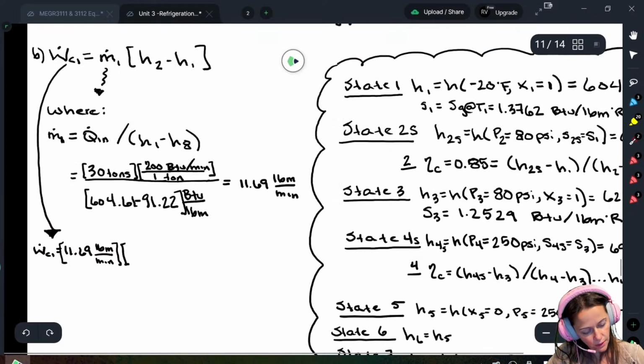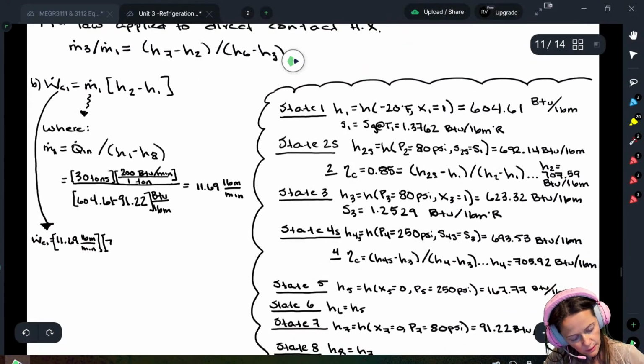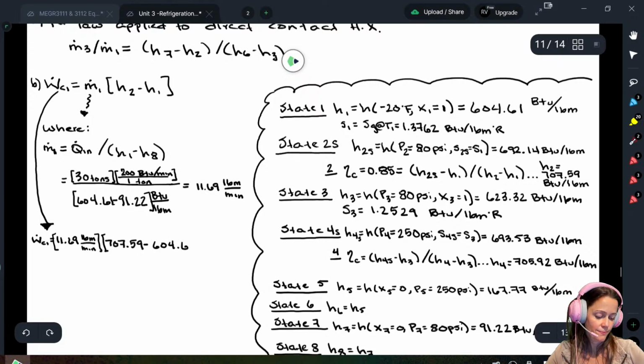My H2 is 707.59 and H1 is 604.61, in BTU per pound mass.